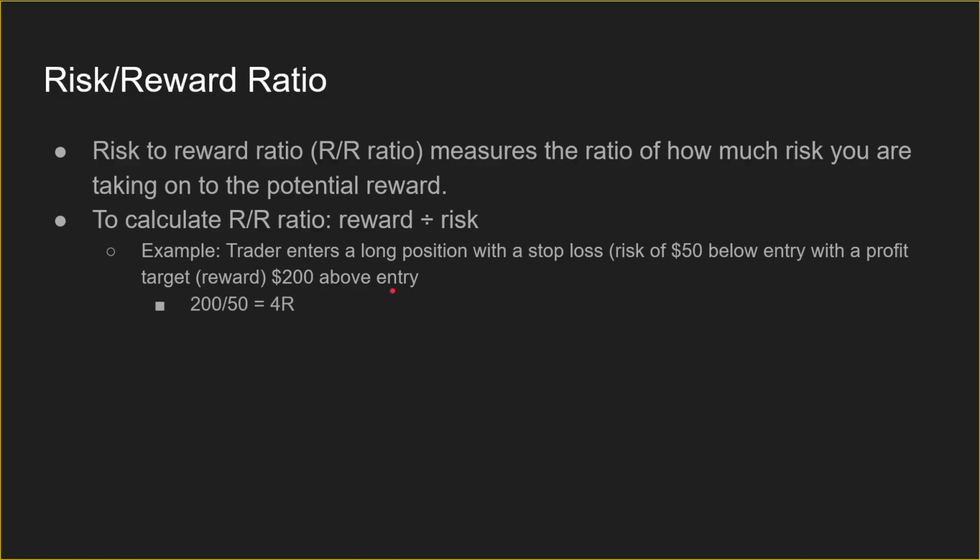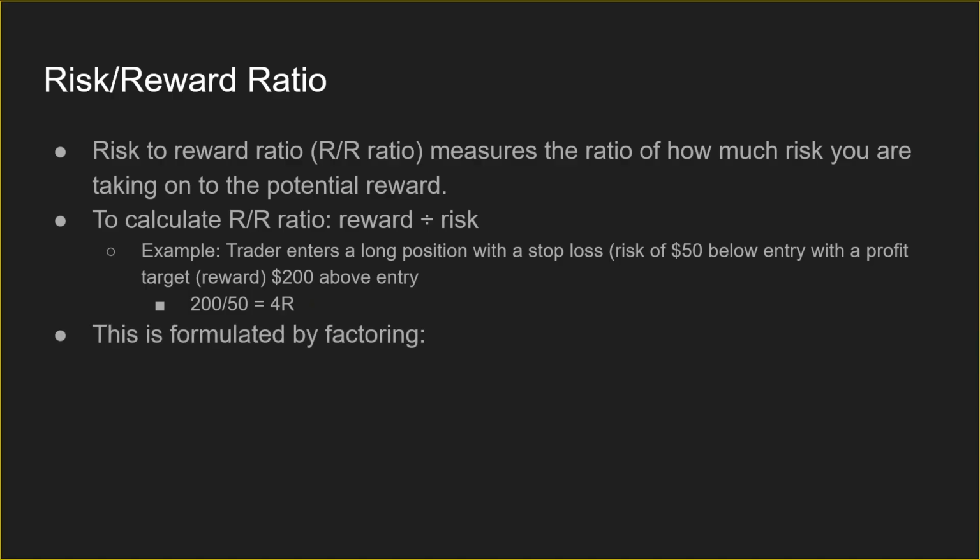So we can calculate that as $200 as their reward, and they're risking 50. That gives us a ratio of 4R. So for every 1 point of risk, or every dollar that is being risked, they stand to make $4 as a reward.